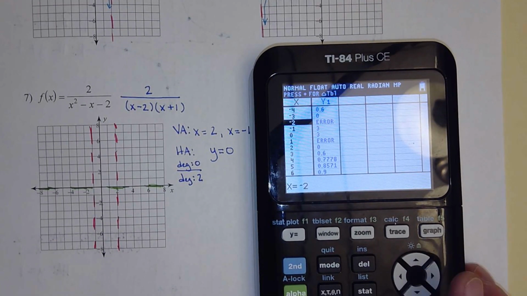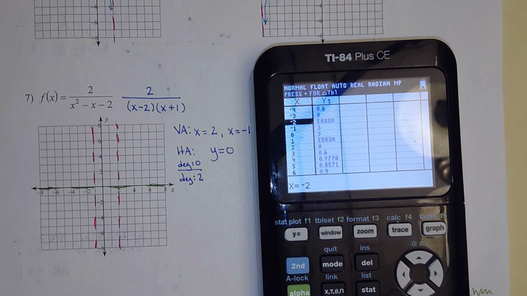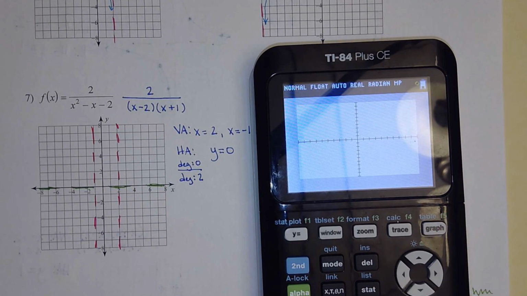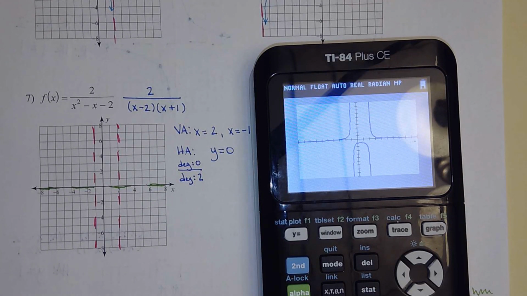There we go. 2 divided by parenthesis. Graph. So once again, I'm going to check my values, and I see that it looks like my asymptotes are good.